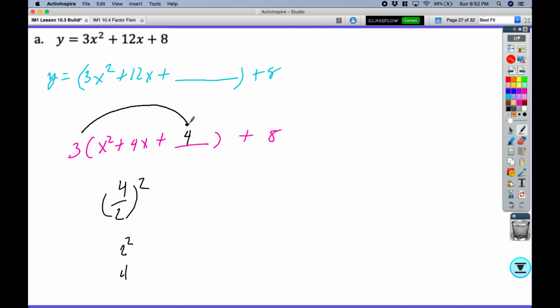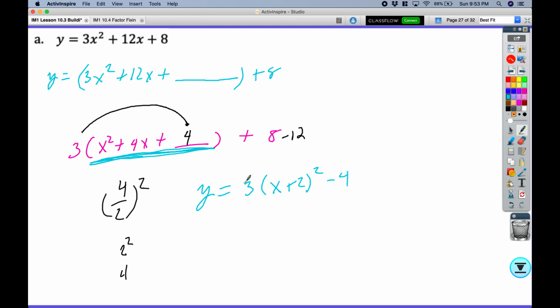If I were to redistribute this 3 into everything, I didn't just add a 4, I added a 12, because 3 times 4 is 12. Since I added a positive 12, I'm going to have to subtract 12 to keep the equation balanced. So that means I'm going to have the equation y equals 3 times, and I can rewrite this as (x plus 2) squared minus 4.